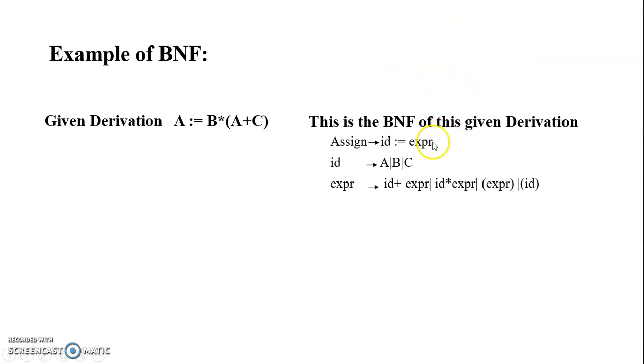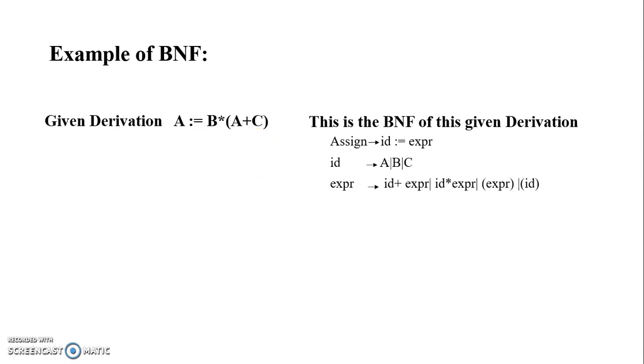Now we have only three variables, A, B, C, so we take either A or B or C. That's why we write them with the or sign. And here we are doing either multiplication or addition, or we are writing only either the terminal or non-terminal part.